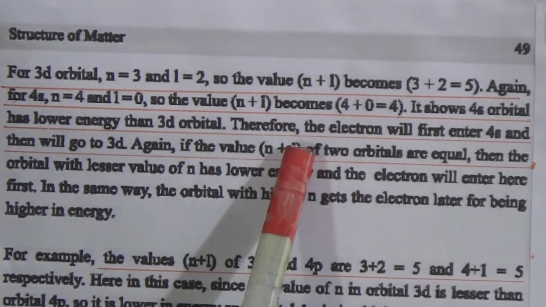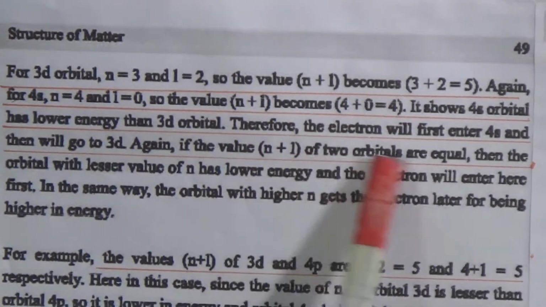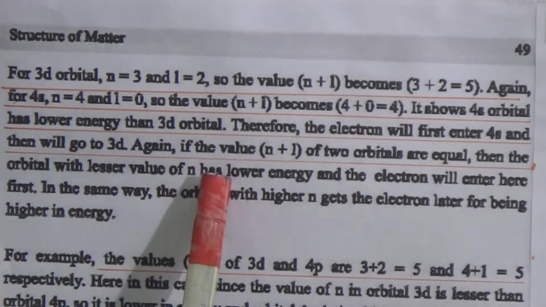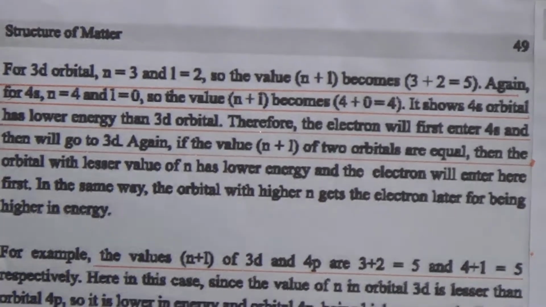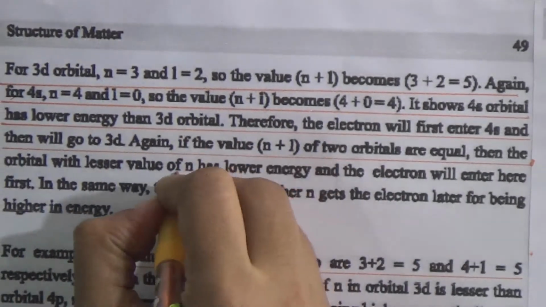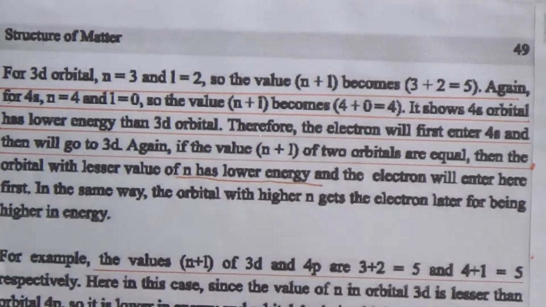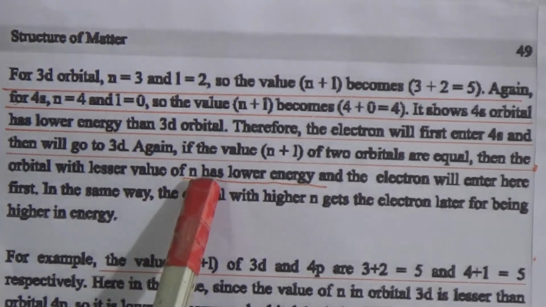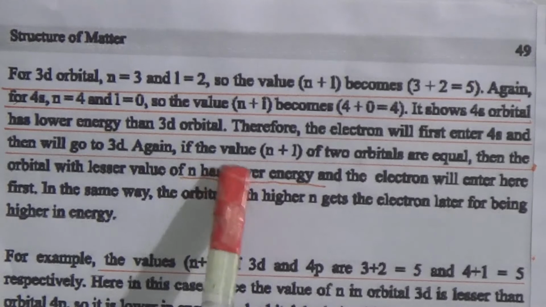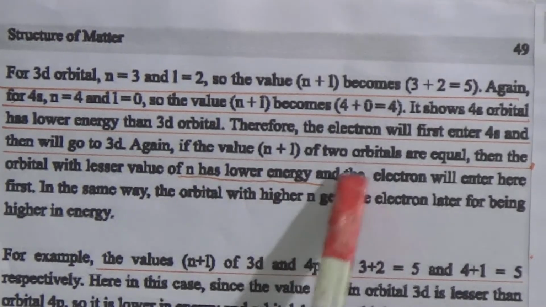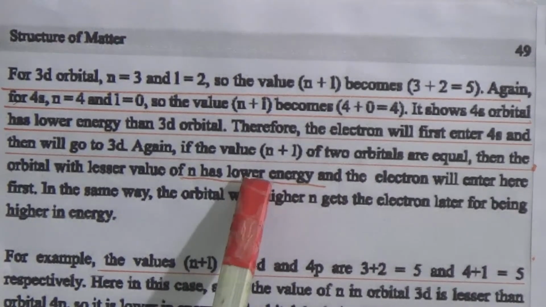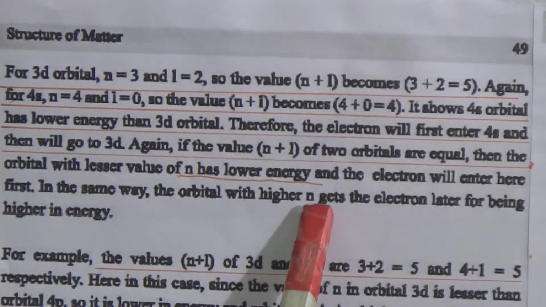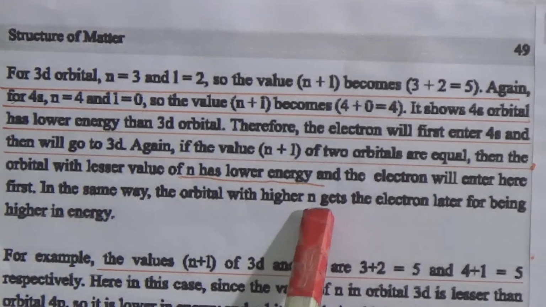Again, if the value of n plus l of two orbitals is equal, then the orbital with the lesser value of n has the lower energy level. That means if the value of n plus l is equal, the one with the smaller n is the lower energy level and will get the electron first, and the one with the higher n value will get the electron later.